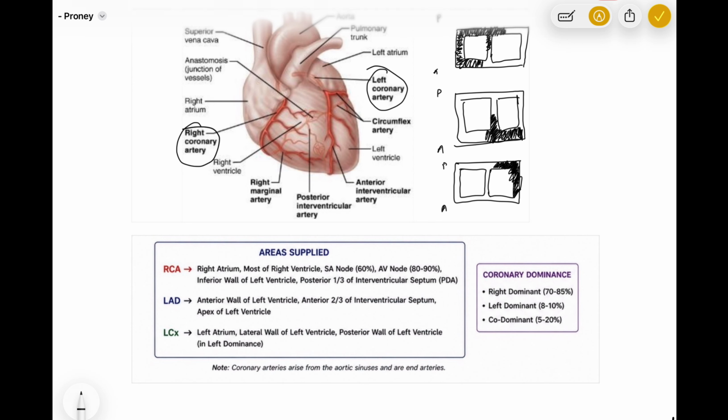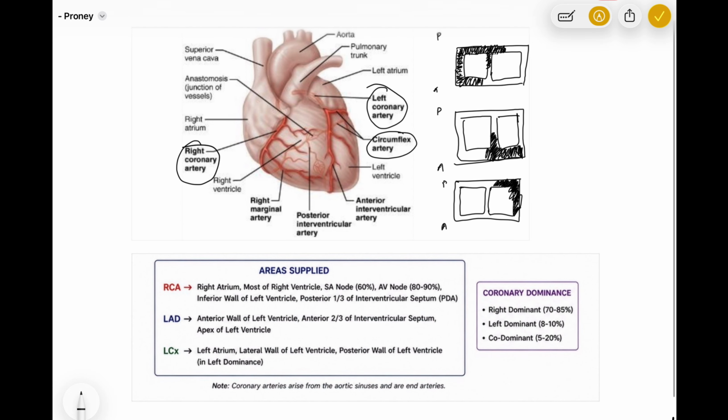Now the left coronary artery gives two branches. The first one is the circumflex artery and the second one is the anterior interventricular artery. The right coronary artery plays an important role in supplying blood to the right ventricle with the help of the right marginal artery, and the SA node through the nodal artery, and the posterior aspect of the heart through the posterior interventricular artery. In most cases there is right dominance.